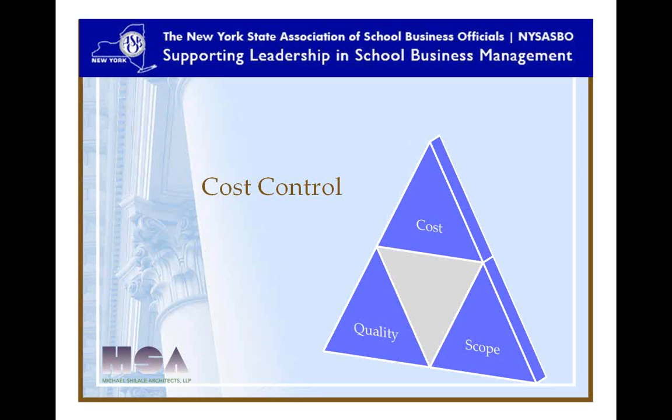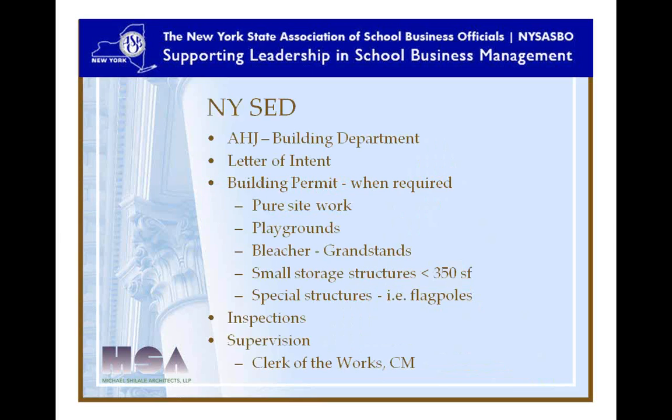So the only other alternative would be to change the scope, to not replace 100 doors, or perhaps only do 80 or 90 in order to maintain that fixed cost. If you're going to change any one of these items, the cost, the quality, or the scope, something else has to change to keep that budget there.